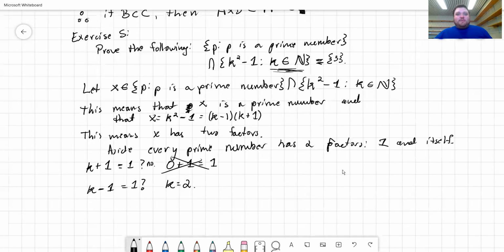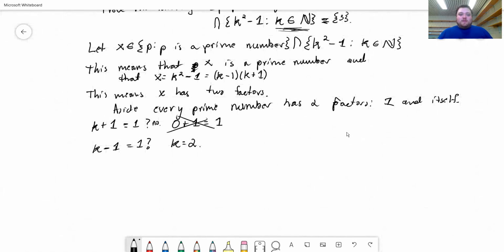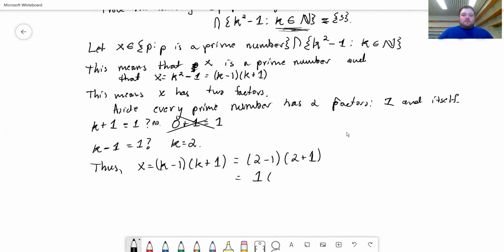And we're getting close to being done. If k has to equal 2, thus x, which is equal to (k minus 1)(k plus 1), we sub in 2, we get (2 minus 1)(2 plus 1), which equals 1 times 3, which equals 3.